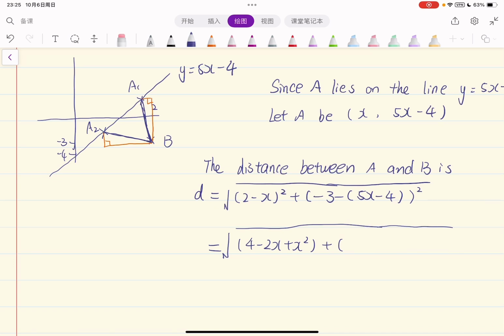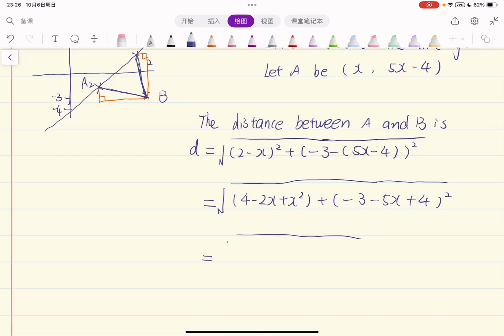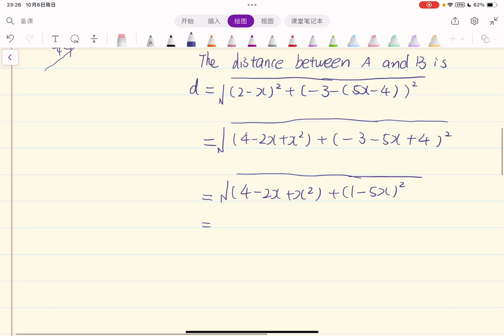So we have minus 3 minus 5x plus 4 square of that equals to square root of 4 minus 2x plus x squared plus 1 minus 5x square of that equals to square root of 4 minus 2x plus x squared plus 1 minus 10x plus 25x squared.